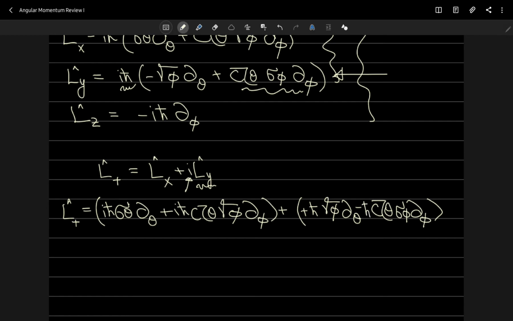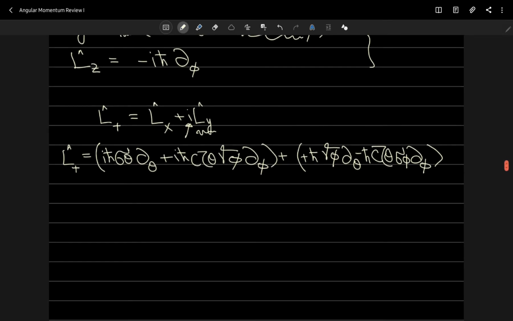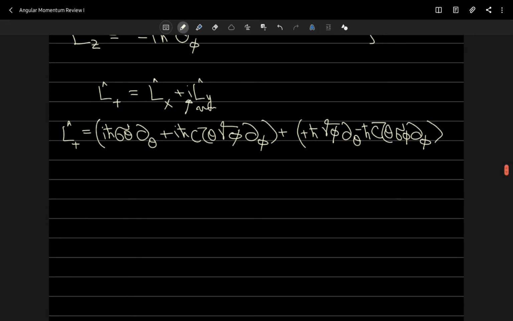Now the next thing you could do is just collect the like terms together, right? And your final expression for your L plus becomes exponential iota phi, because you get this exponential form of sines and cosines.